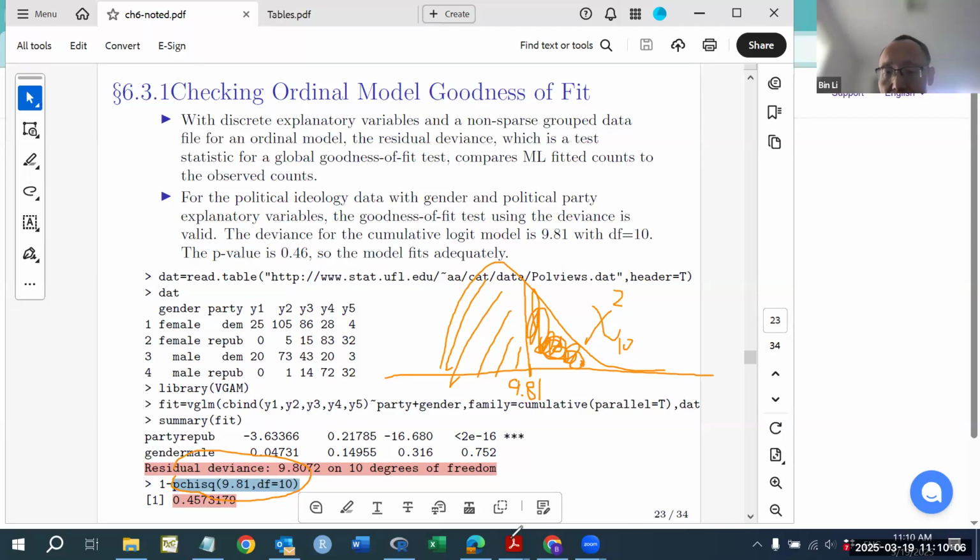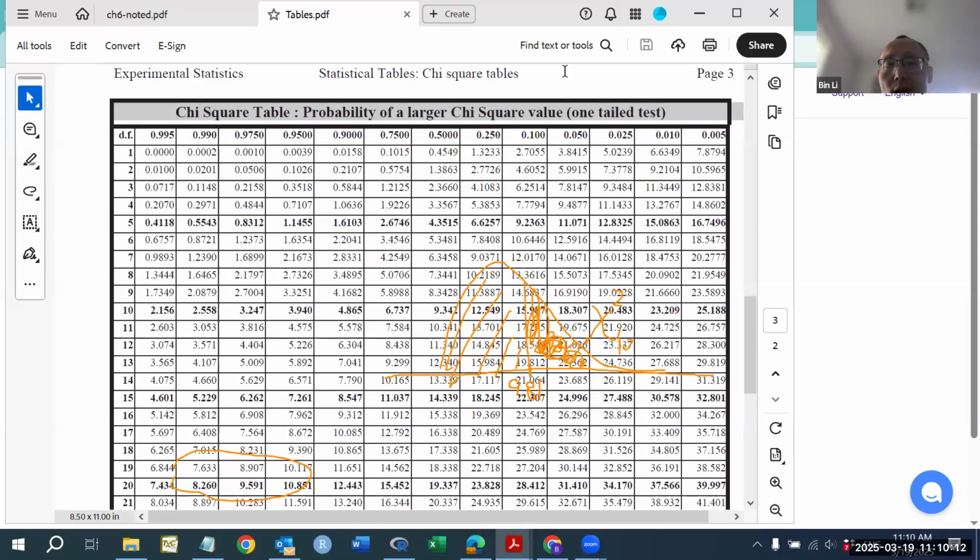If you go to the table for the chi-square, this is the probability of a larger chi-square value, so that's the right side, I'm sorry. That gives the p-value, so you can get it directly from the table.